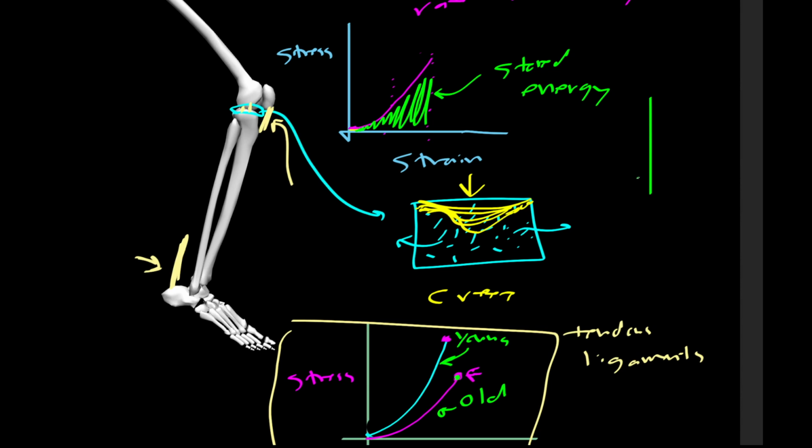And as a reminder, you don't get to release all of it because there's that thing called hysteresis. So you go up, you store this much energy, you come back down, and it looks like that, and you release that much energy. So the difference between those two, meaning that much, that's the energy lost due to hysteresis.